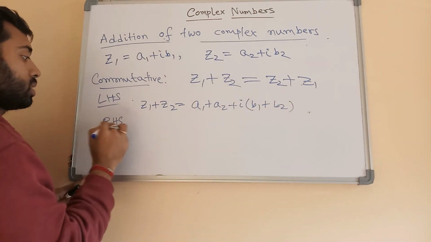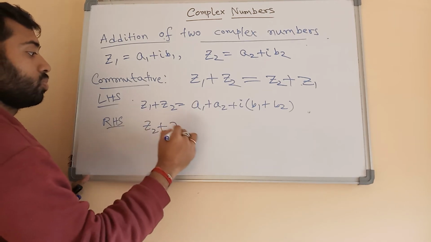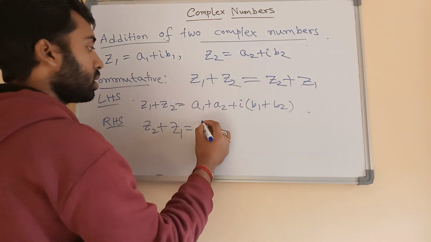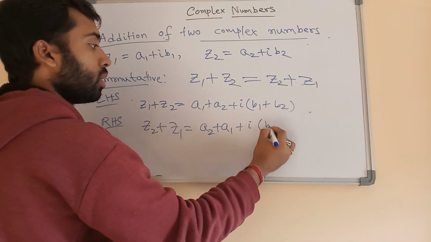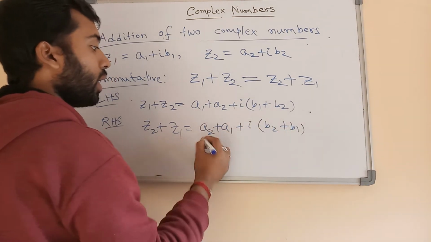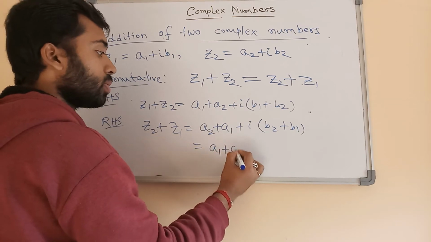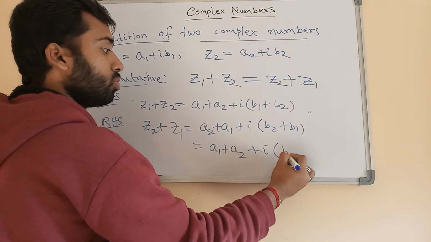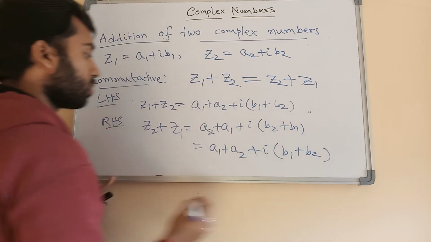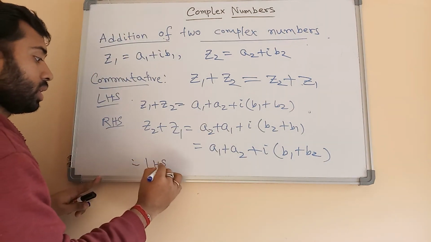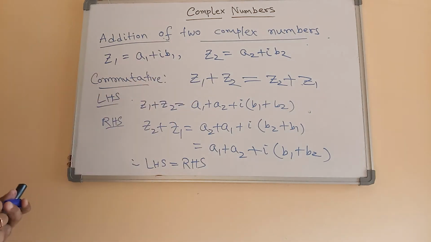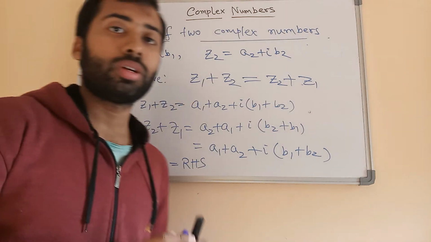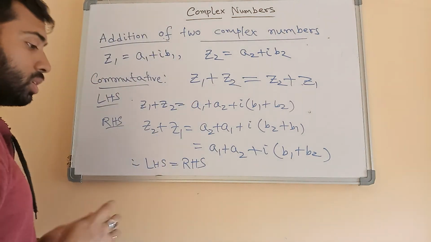And RHS is Z2 plus Z1, which has the real part A2 plus A1 and B2 plus B1. A2 plus A1 is the same as A1 plus A2, and B2 plus B1 is the same as B1 plus B2. Therefore LHS equals RHS. So addition has the commutative property for the set of complex numbers.